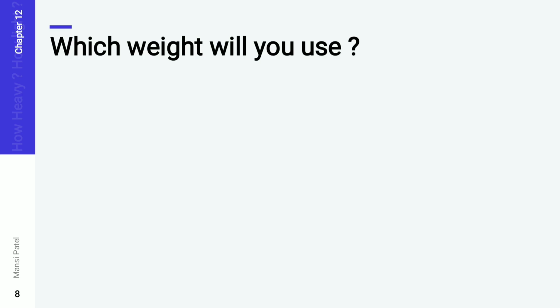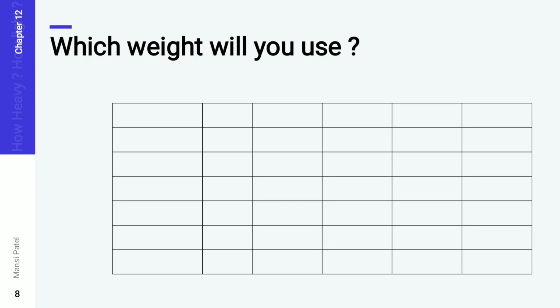Now your next topic is, which weight will you use? What do we want to do in this? In this question, see here in this table, on one side I am giving some weights to you and on the other side I am giving the weight to be measured. Means here I am giving you different weights.